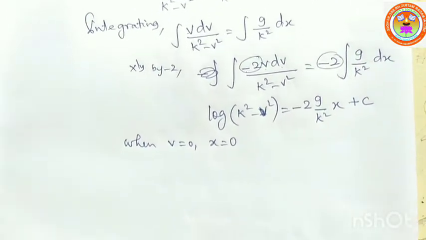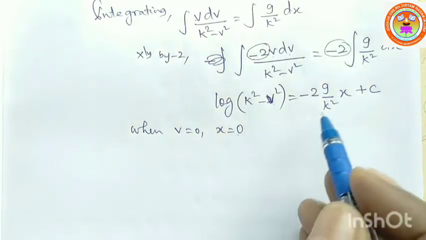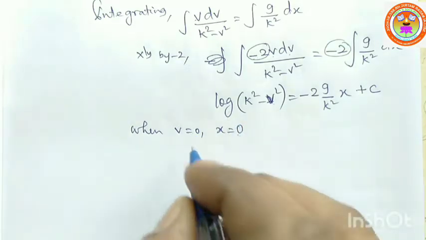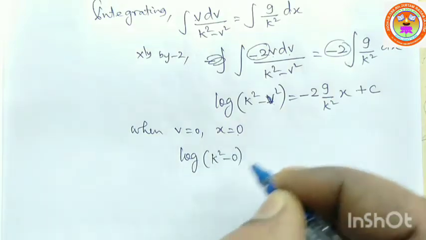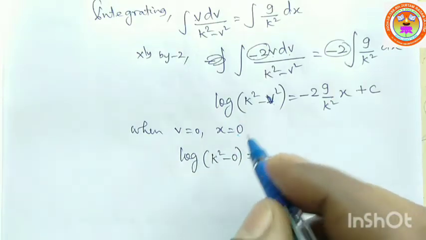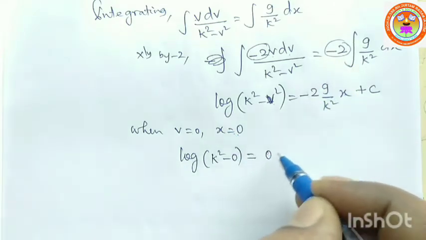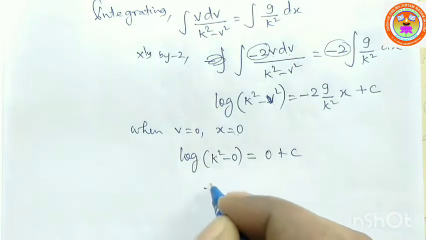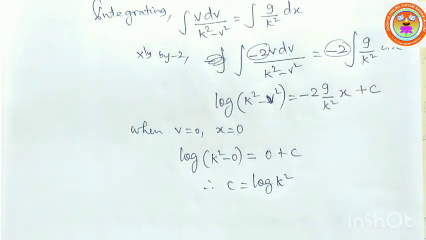Apply the condition in the equation. When we apply v is equal to 0 and x is equal to 0, it will become log of k square minus 0, which is equal to, x 0 means 0, in number 0. It will become 0 plus c. Therefore, c is equal to log of k square.